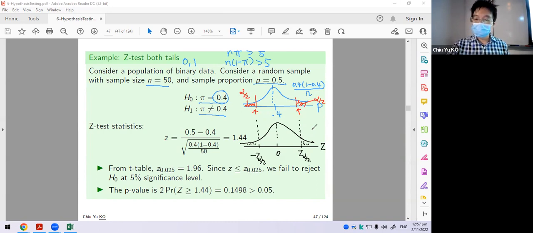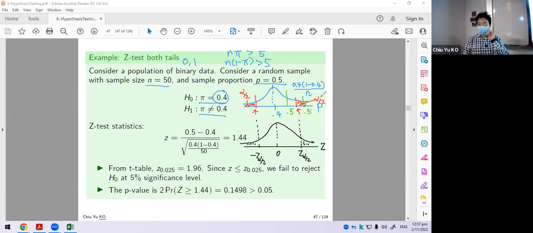What you want to figure out is whether the sample value is here or here, something to be determined.